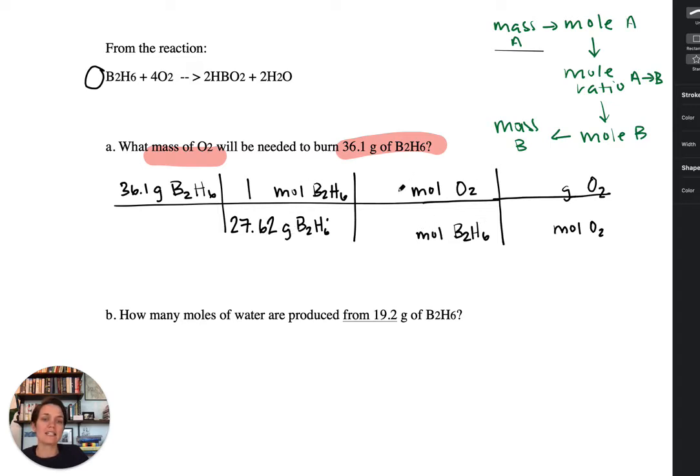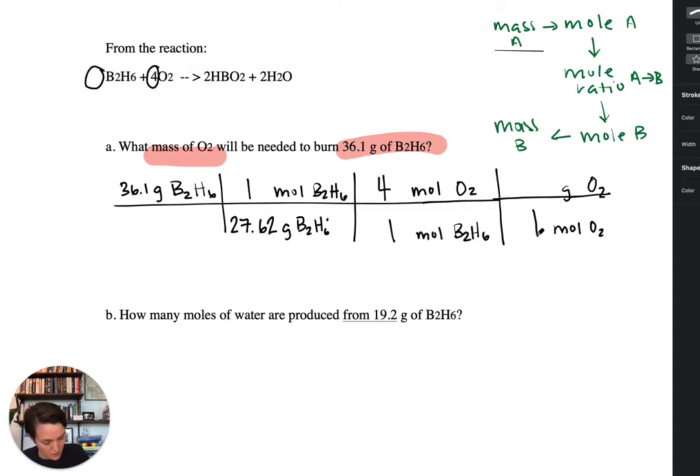Why? Because that's going to be included in this mole ratio. So we see from our mole ratio, that's my B2H6. We're going to oxygen. We have 4 oxygens. So that is 1 mole of B2H6 for every 4 moles of oxygen. So what does that mean? It means I need 4 times as many molecules of oxygen as I need B2H6 in order to move my reaction forward. So again, always when you're going from grams to moles, it's just 1 mole.